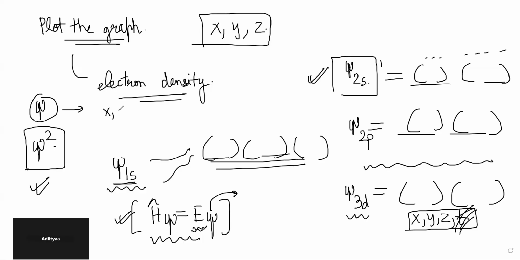It depends on X, Y, Z, locations in space. It will have a particular shape. That shape is your electronic orbital. When you say s orbital is spherical, it is because that is the shape of the psi function.